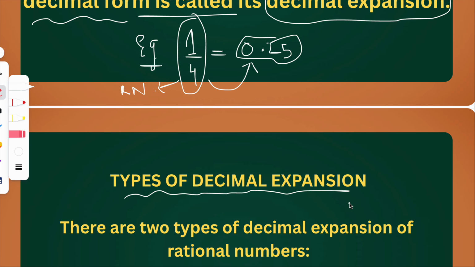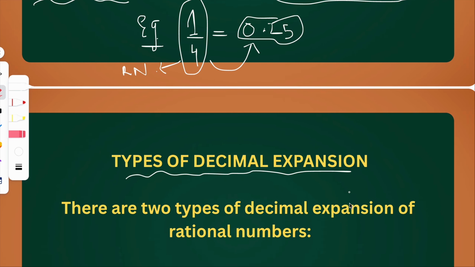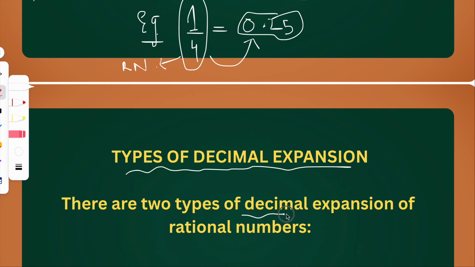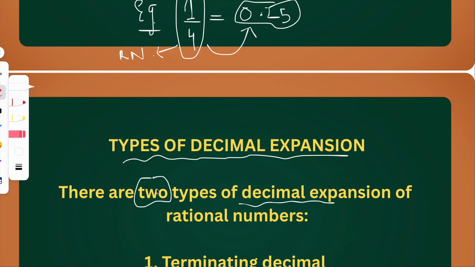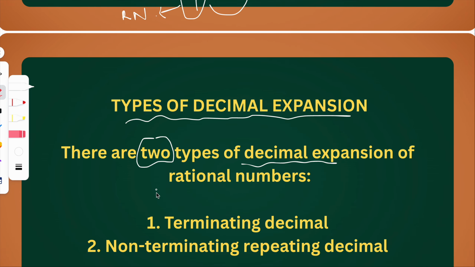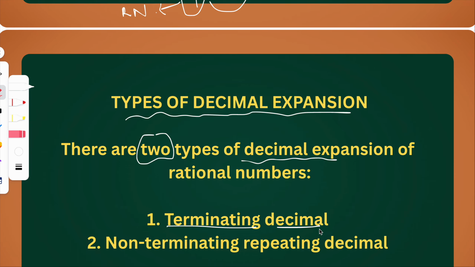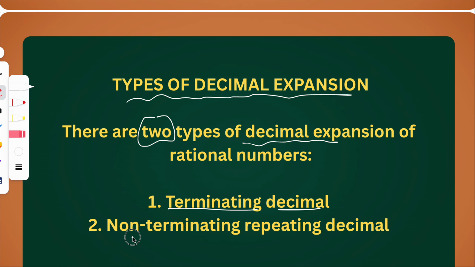Basically there are two types of decimal expansion of rational numbers. They are the terminating decimal expansion, which I taught you in the previous lecture, and the non-terminating repeating decimal expansion. Non-terminating repeating, highlight this word repeating.